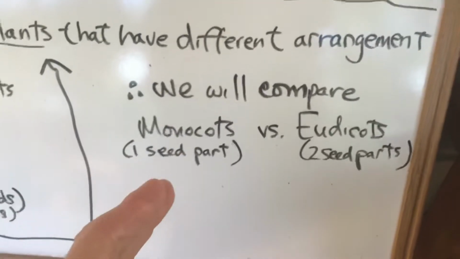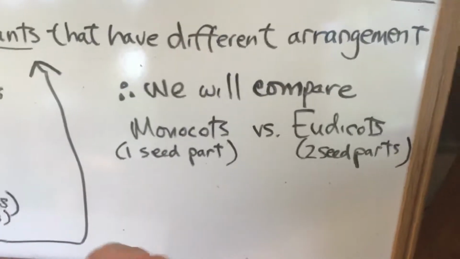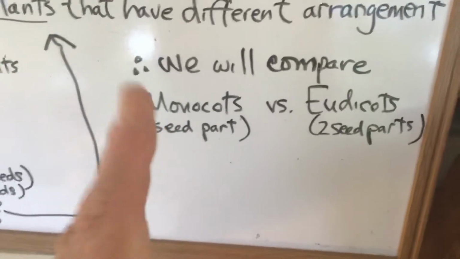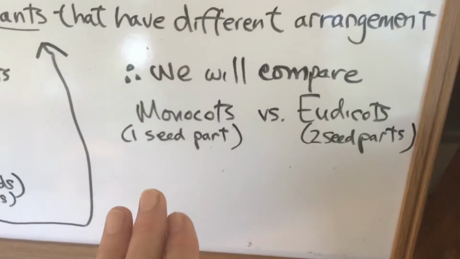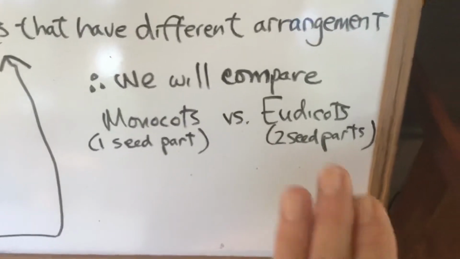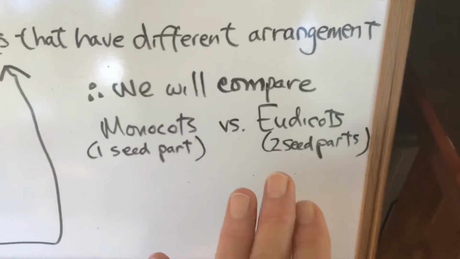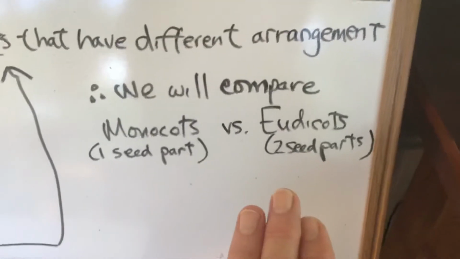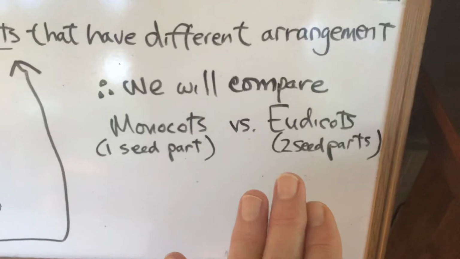Some examples of monocots are palms and grasses, and aloe, things that you might be familiar with, bananas. And eudicots are most of the other large trees that you see around, like oak trees, for example.